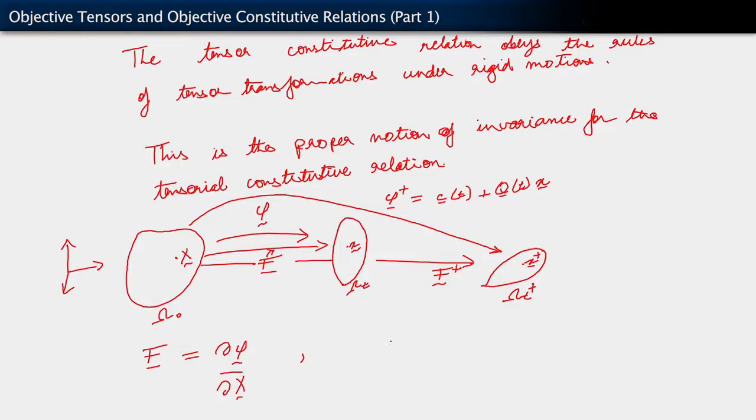That's easy enough. Just follow the definition. F plus is the derivative of phi plus with respect to X. Observing what phi plus is, we take the derivative with respect to X of c of time plus Q of time times little x, but little x is just phi.